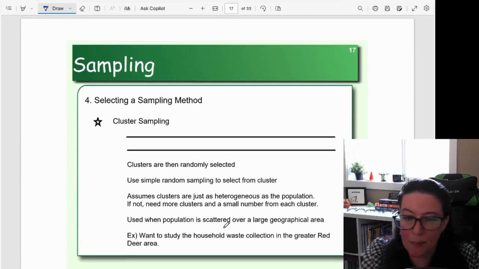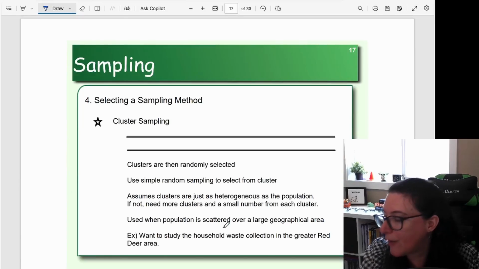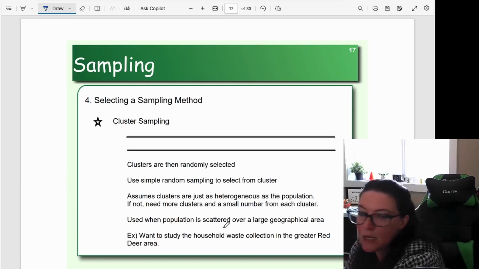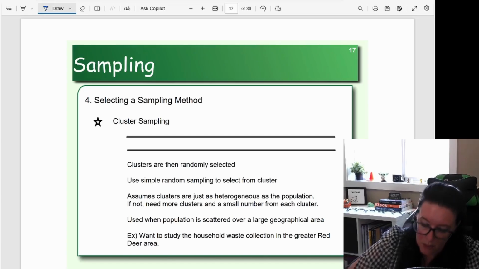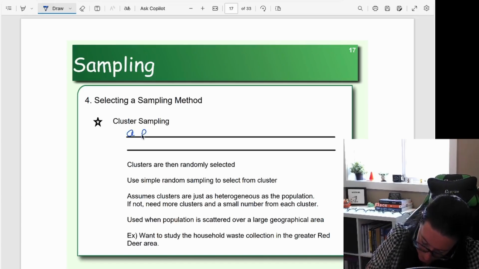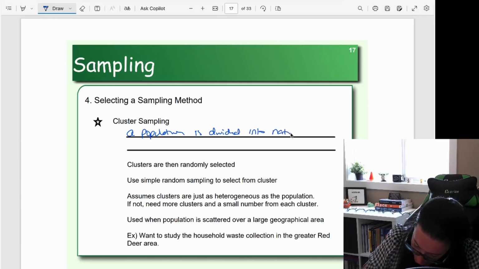The last type of probability sample we want to talk about is that of cluster sampling. Cluster sampling is when we have a population that is divided into naturally occurring geographic or other boundaries.